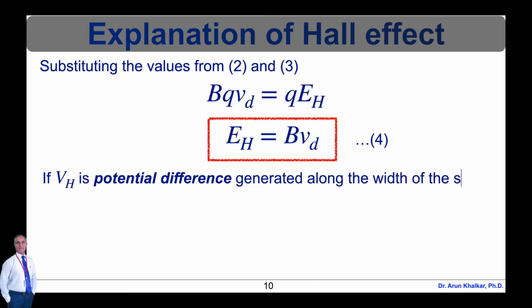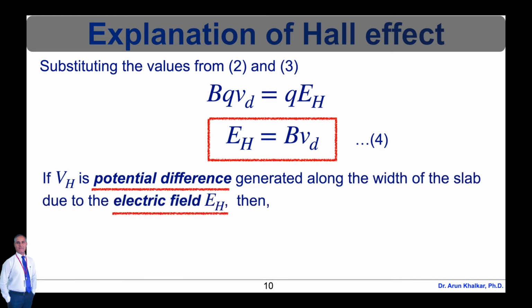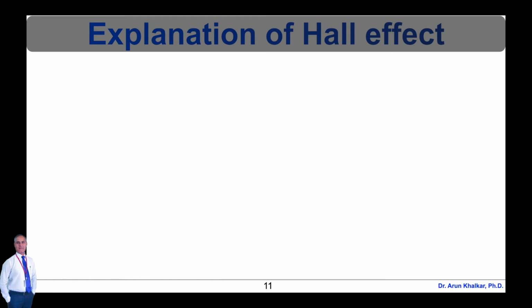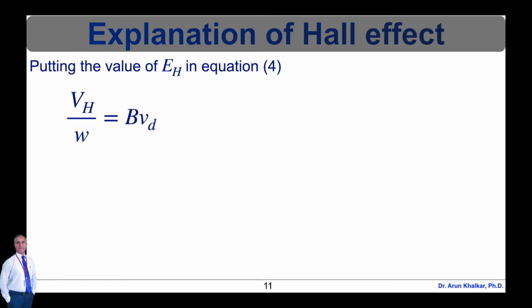If VH is the potential difference generated along the width of the slab due to the electric field EH, then we can write EH is equal to VH upon W. Therefore, putting the value of EH in equation number 4, we can write VH upon W is equal to B into VD.